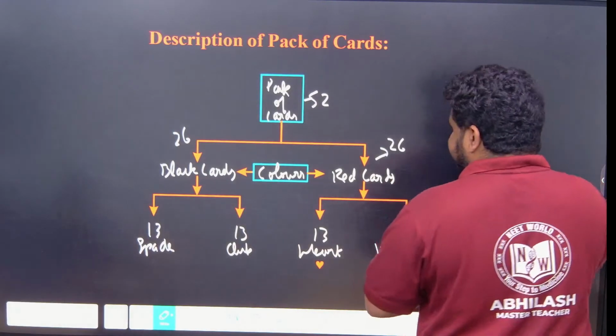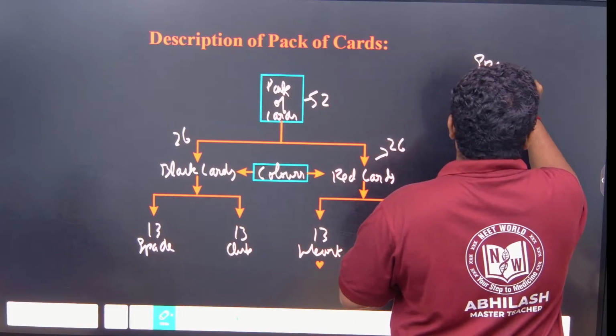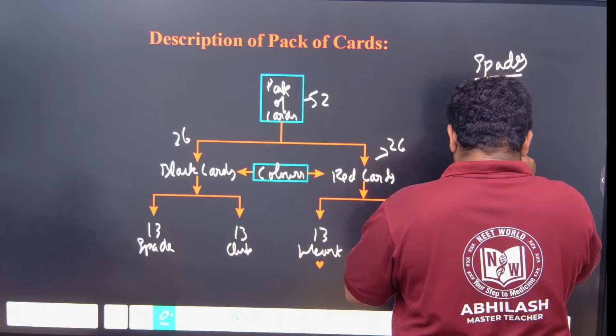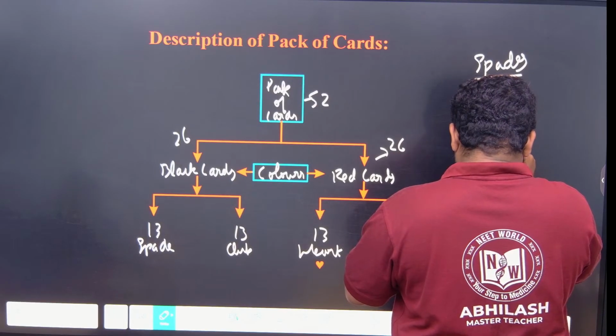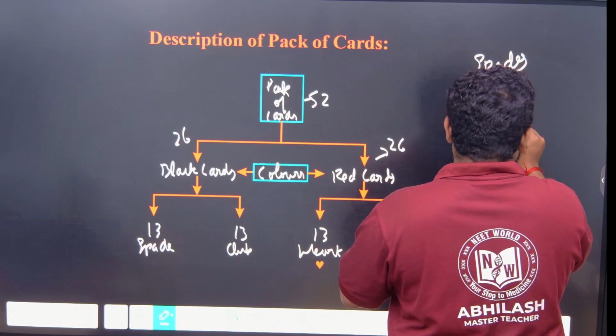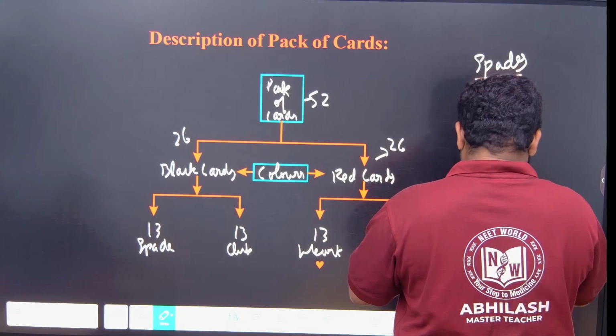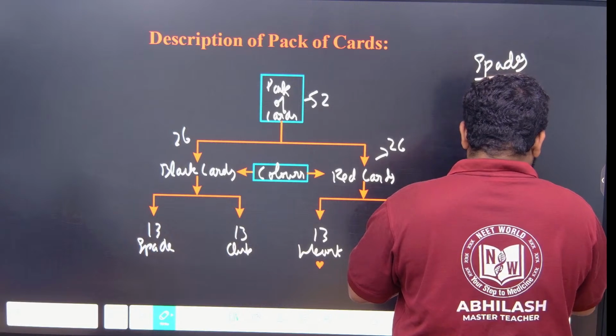If we talk about spades, we have the numbers 2 to 10: 2, 3, 4, 5, 6, 7, 8, 9, 10.